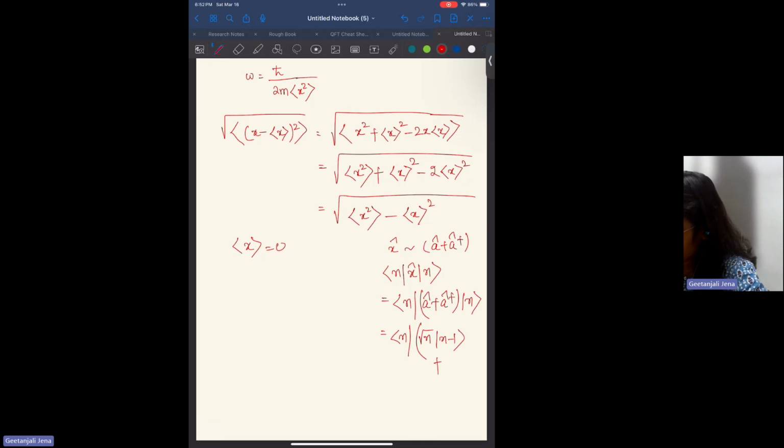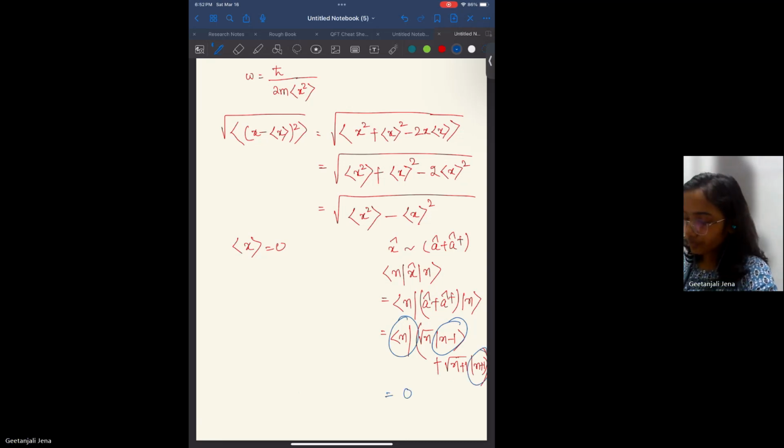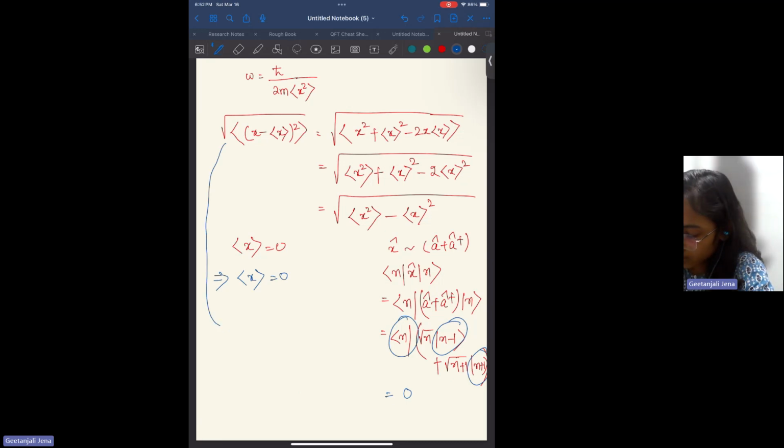The other one is a dagger, which takes the state from n to n plus 1, so it will be root of n plus 1. Now if you take the inner product of n with n minus 1 or with n plus 1, it will be 0. So that means for a harmonic oscillator, the expectation of x is 0. So that means this one is nothing but root of x square. This one is 0.